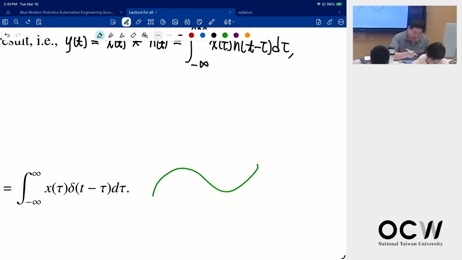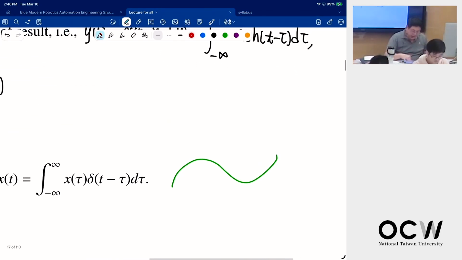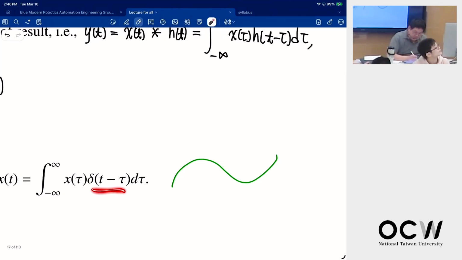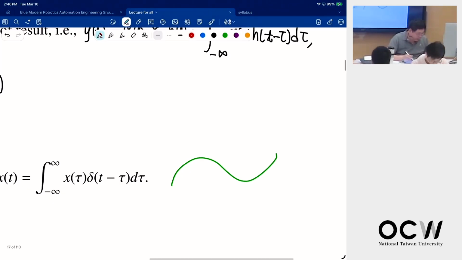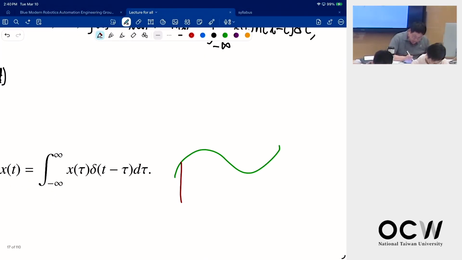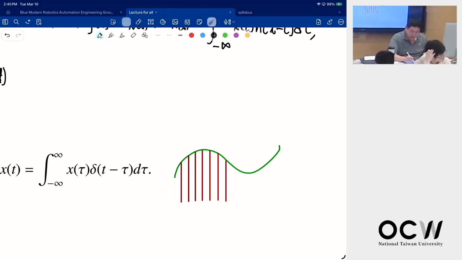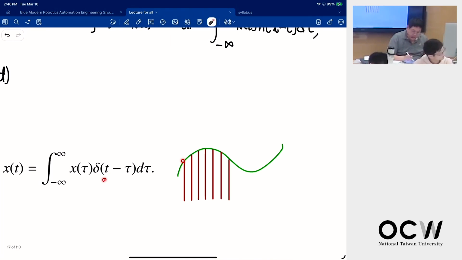Every time we shift, we get a value, and when you integrate that, you get the continuous signal.